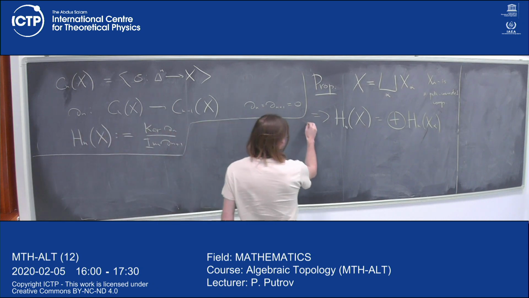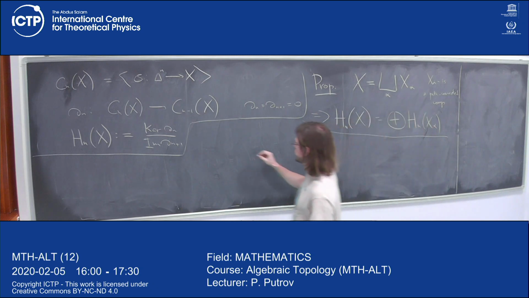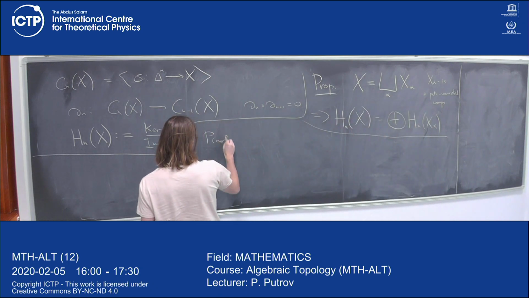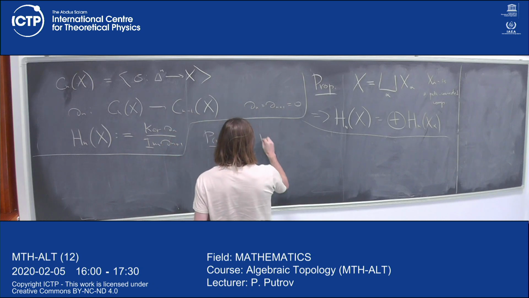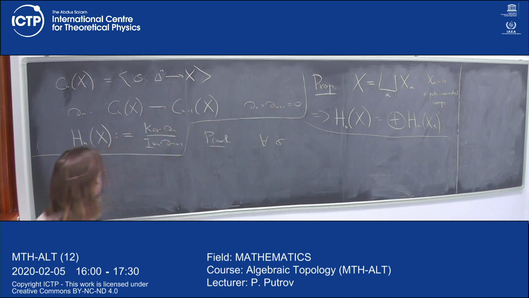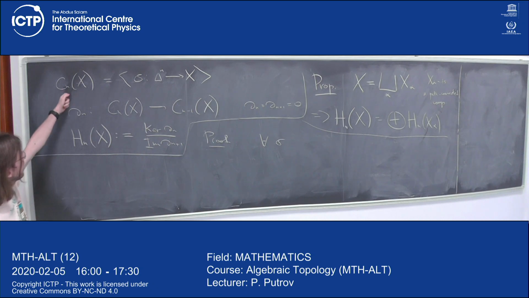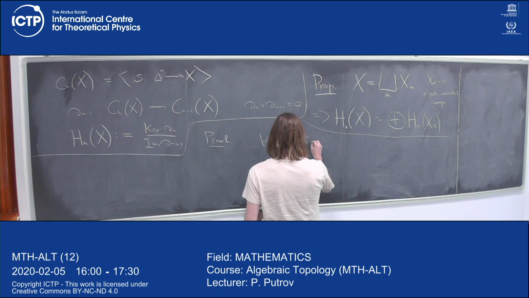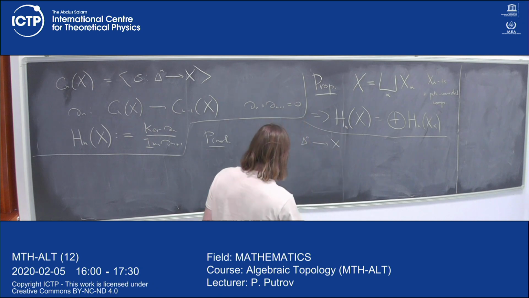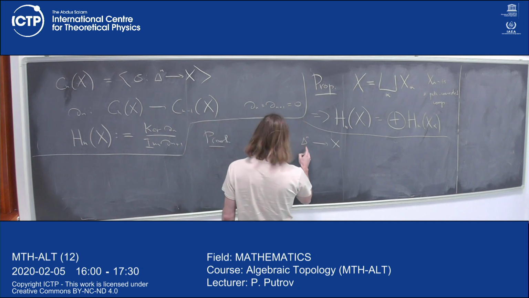Probably the proof is fairly simple, essentially from the definition. So we know that any sigma which is a generator in this group is a function defined on a simplex, which is path connected.